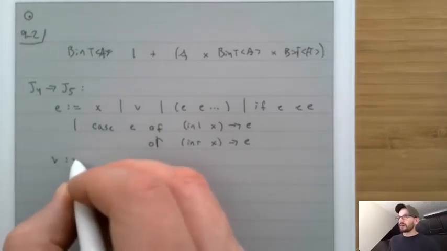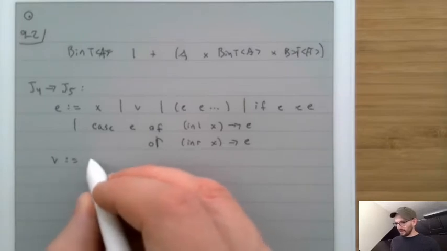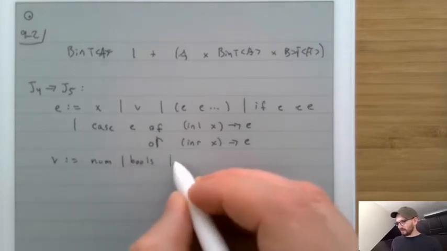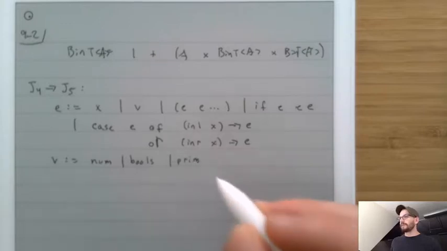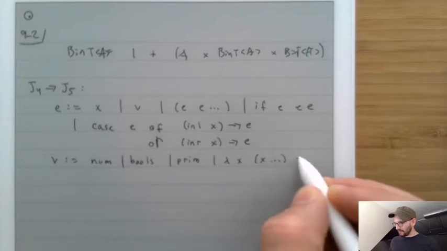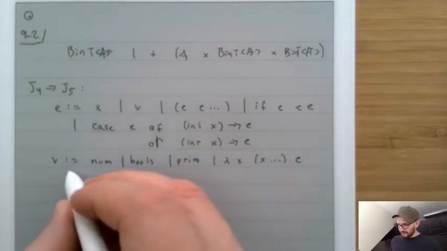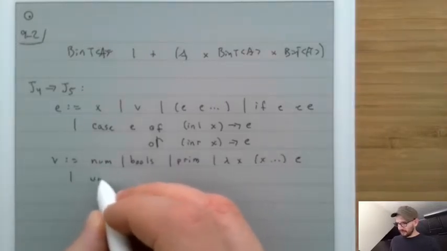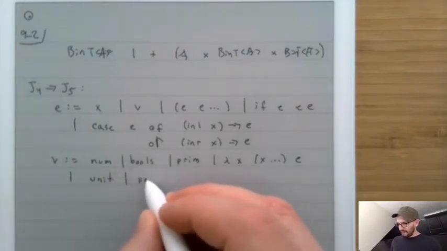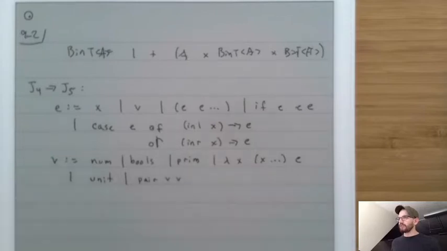Now what values are as before, numbers, bools, primitives, and lambdas. So this is all as before. But now there's a few new things. There's a new one that's called unit, and that's the unit value. There's also a pair of values.